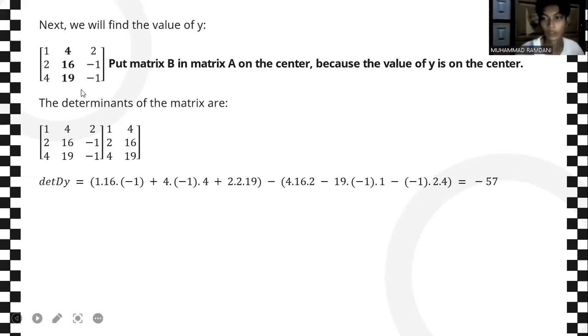Next it's the same, we find the determinant here. After we calculate it, the determinant of the Dy matrix is minus 57.